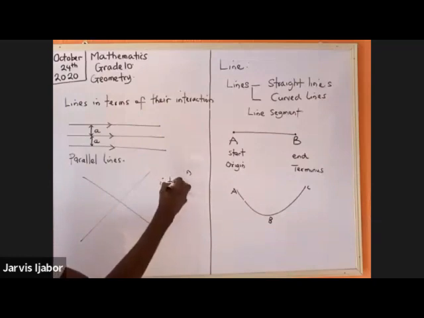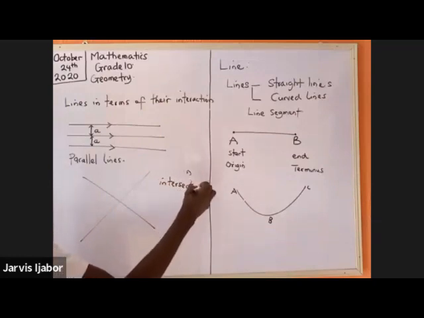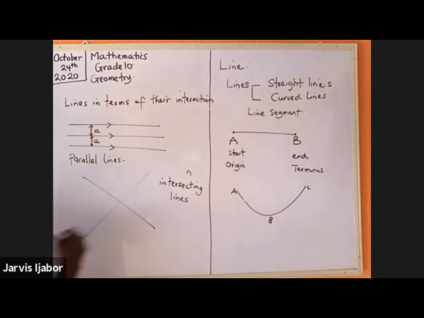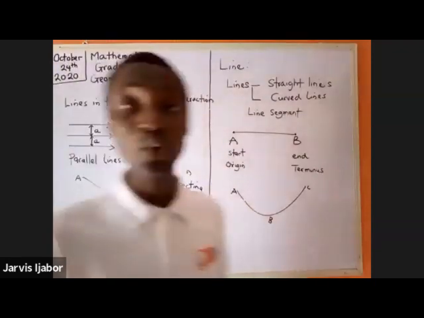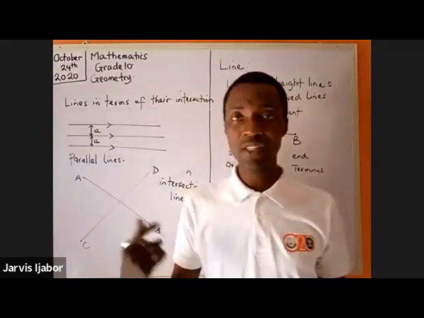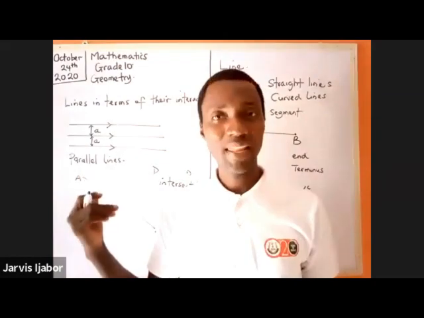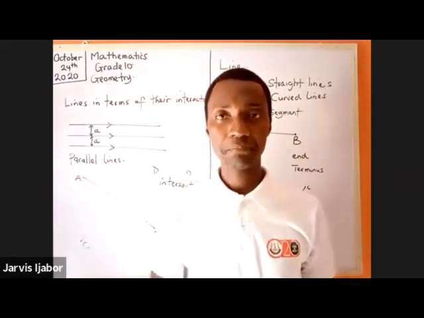Intersecting lines. In the case of intersecting lines, we have lines that cut into themselves. So if this is AB, this is CD, these lines intersect, and it will give rise to something we're going to talk about later, because it is from intersecting lines that the matter of the last letter A comes to bear.